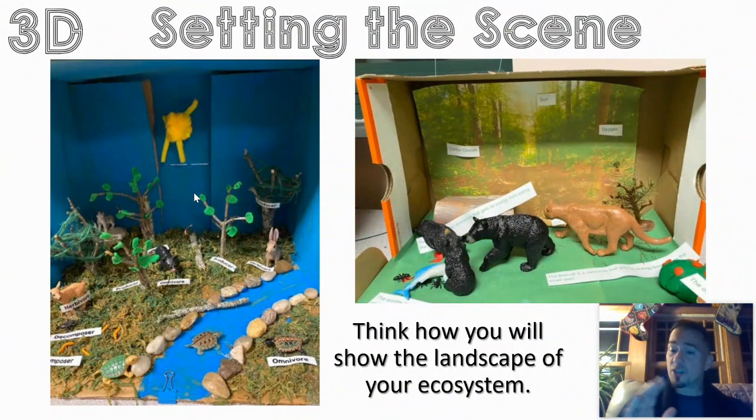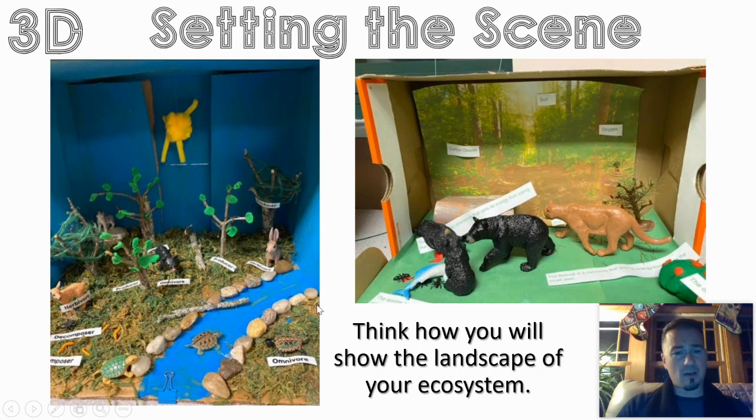Your scene: how are you setting up the scene for this ecosystem? This one right up here, they did a nice photograph or picture they printed out of some kind of woodsy scene there. Looks good. I can see into the distance. I do think that it looks a little plain on some parts of it, but oh my gosh, look at this one over this direction.